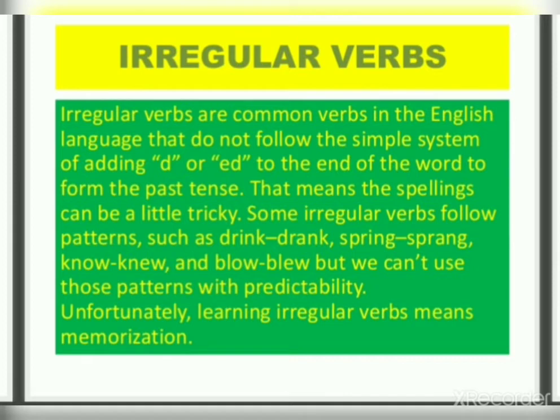Then what is an irregular verb? Irregular verbs are common verbs in the English language that do not follow a simple system of adding d or ed to the end of the word. So, to form the past tense, the spellings can be a little tricky.